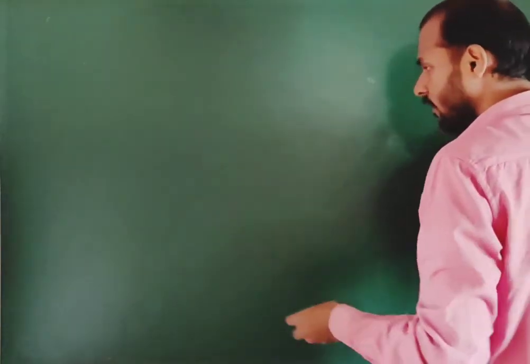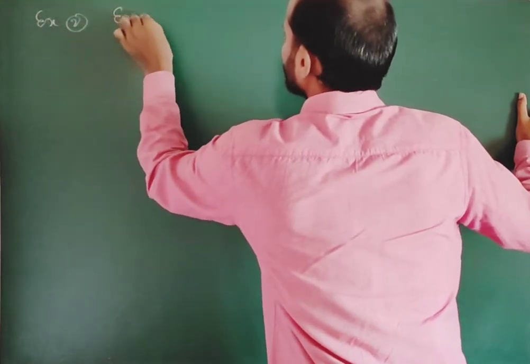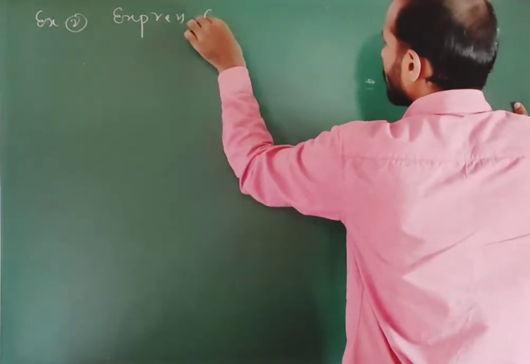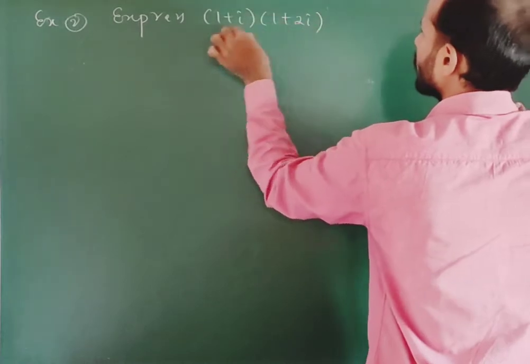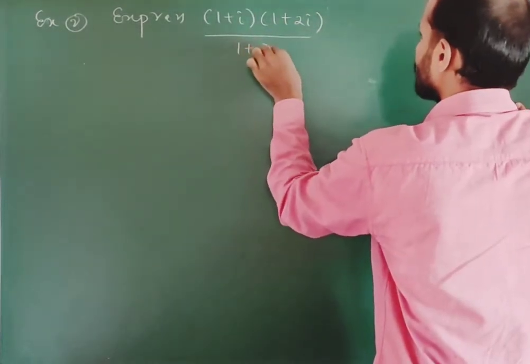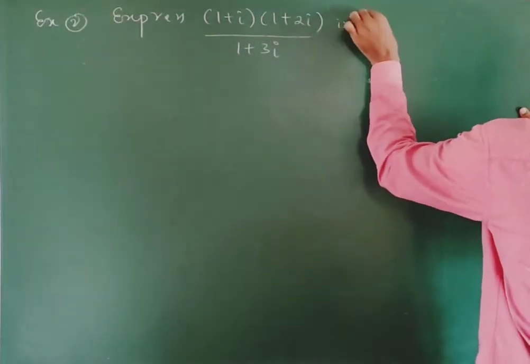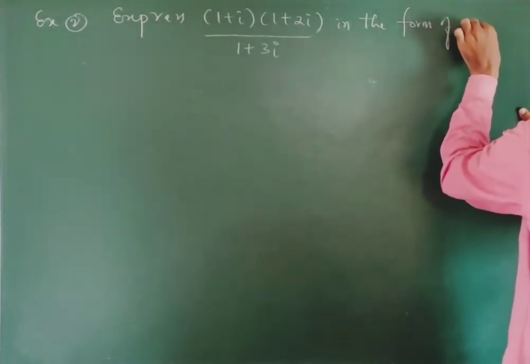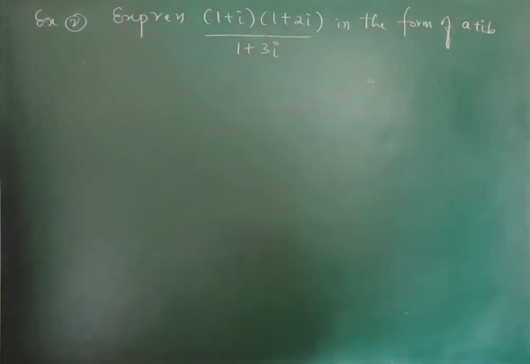Example 2. Express 1 plus i into 1 plus 2i divided by 1 plus 3i in the form of a plus ib, right?